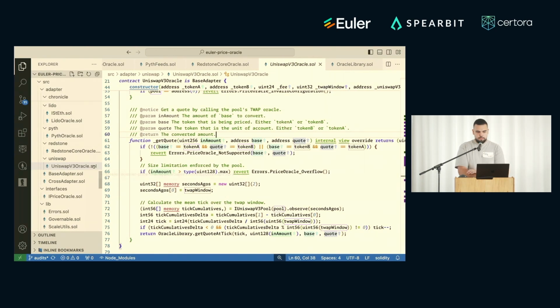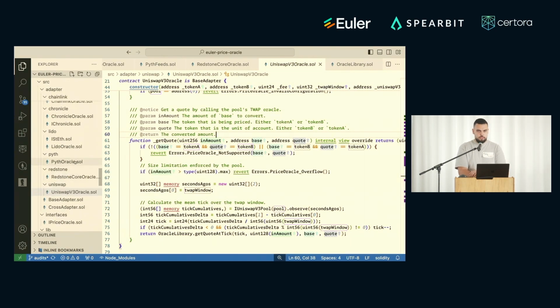And yeah, next to the collection of adapters, we have what we call components. And components are, again, IPriceOracle, but they are sort of higher level logic that connects different IPriceOracles.